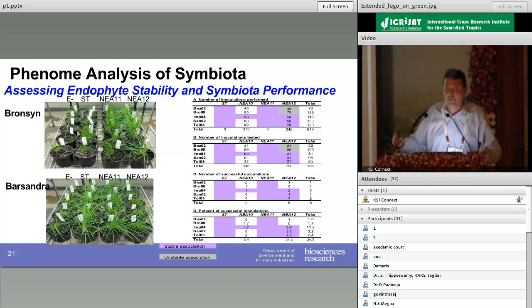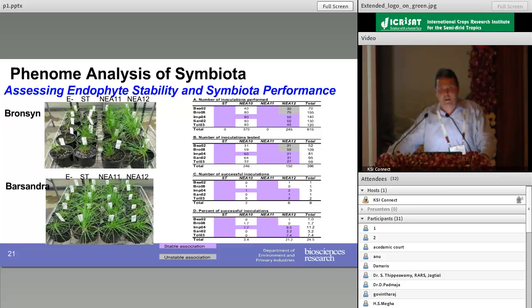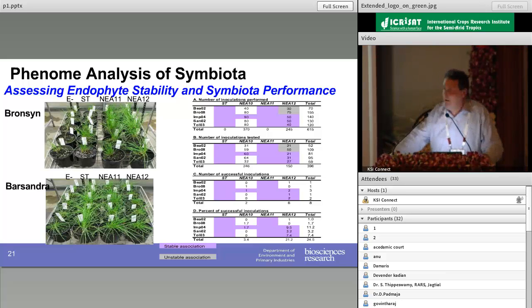And for every trait that a commercial grass breeding program will look at, we find significant differences, from tiller number to shoot fresh weight or root fresh weight or root dry weight. For example, this is the endophyte-free plant, and if you inoculate it with an endophyte of this type, you would double the tiller number.